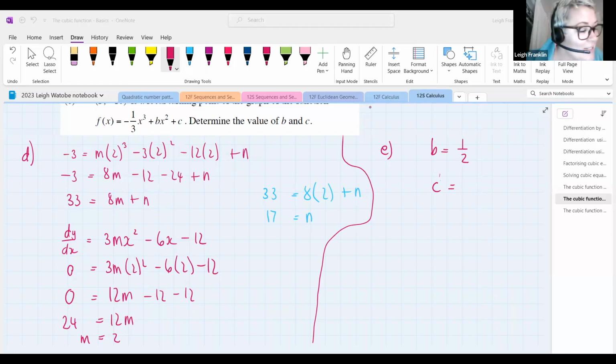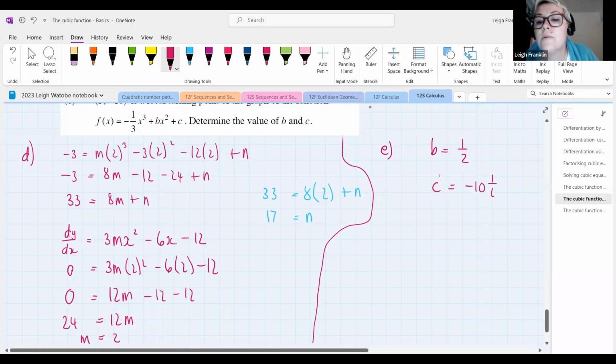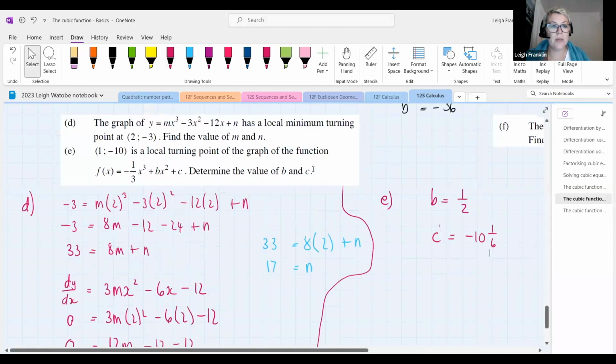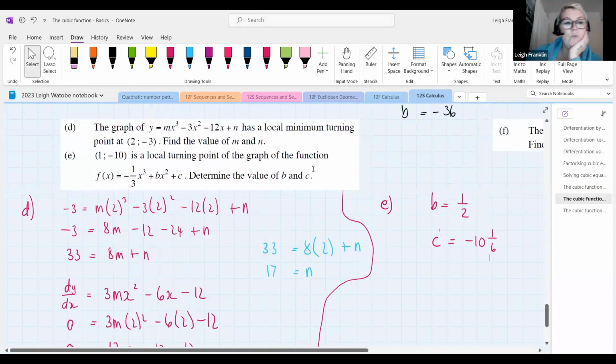Okay, I'm just giving you the answers. This is horrible. Okay, so if you do want to do E, that's what you would get as your answers for b and c. They're not very nice values, but that's what you'd get.